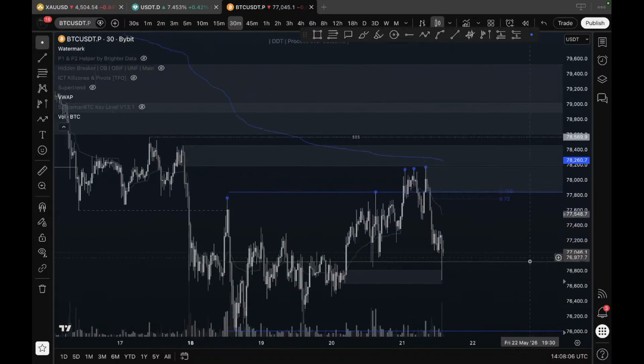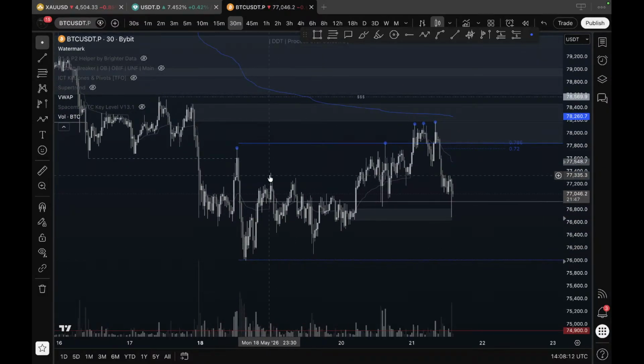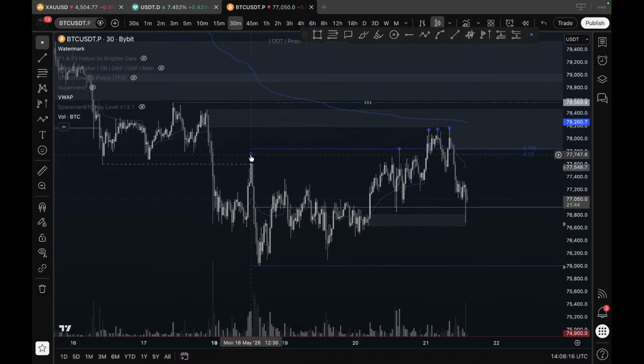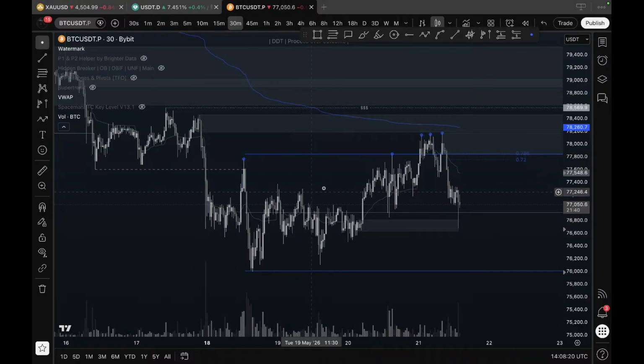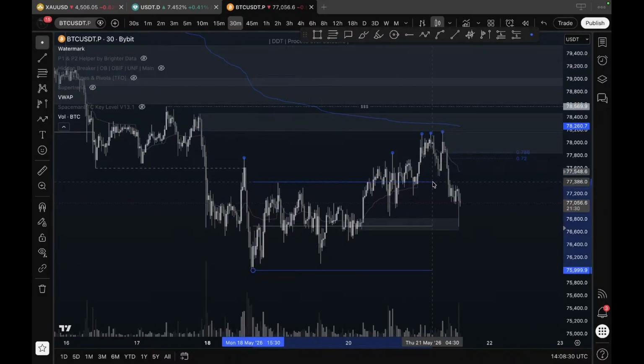Since the start of the week, we mapped out this range, which has been our Monday's range. This is Monday's high, Monday's low, but that was the cleaner range in this case. However, it's not a valid way to pull your range because technically you should pull it from low to high, where this is your start of the range.